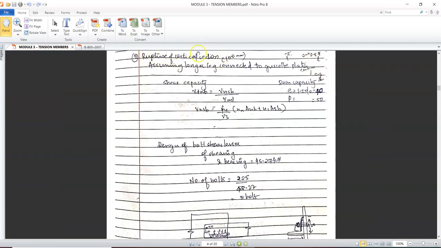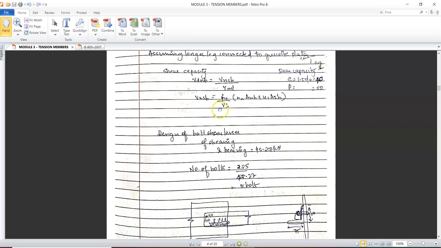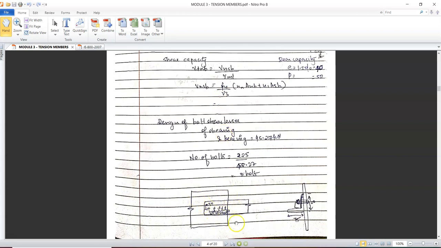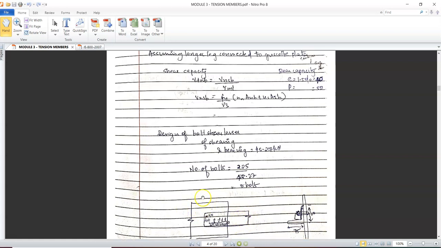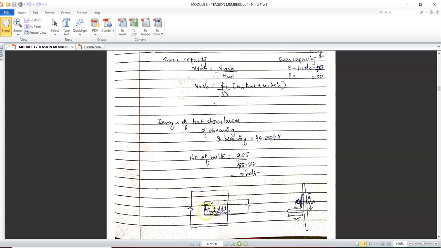Before designing for rupture of critical section, we have to design the connection between the gusset plate and the angle, that is ISA 100 into 75 into 6 and the gusset plate. The connection has to be designed. This is called the connected leg, and this is called the outstanding leg.